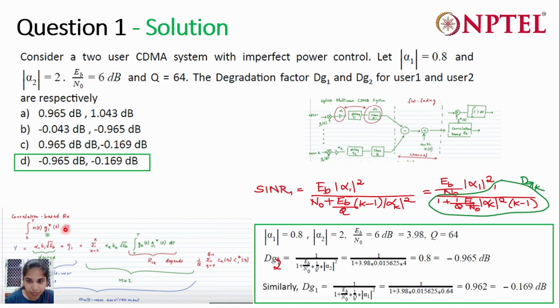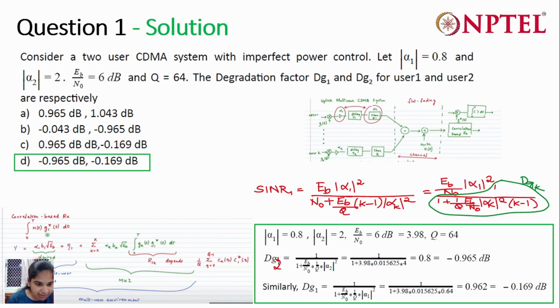Now, if we want to retrieve user 1's data, we definitely will have to go for correlation based receivers. So, the received signal is r(t), then it's r(t) into g1 conjugate of t into dt.